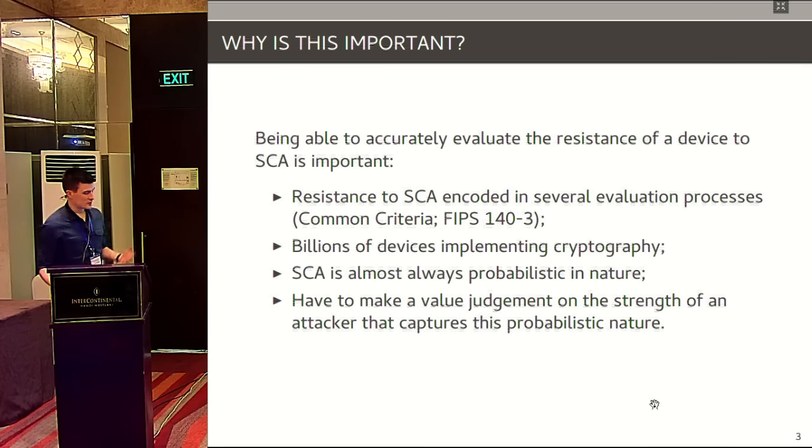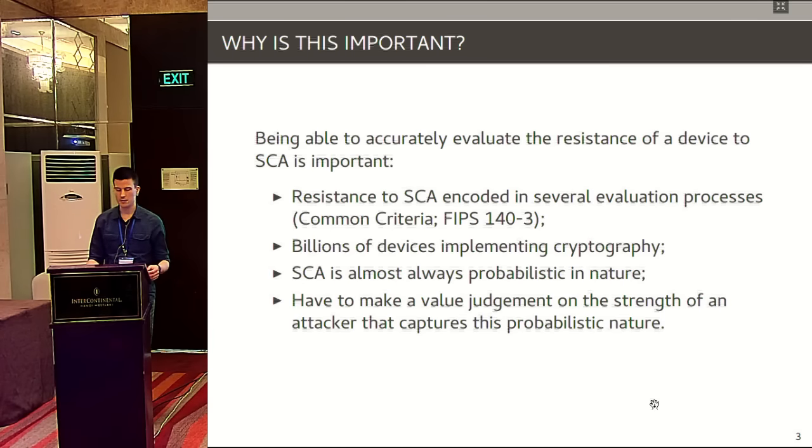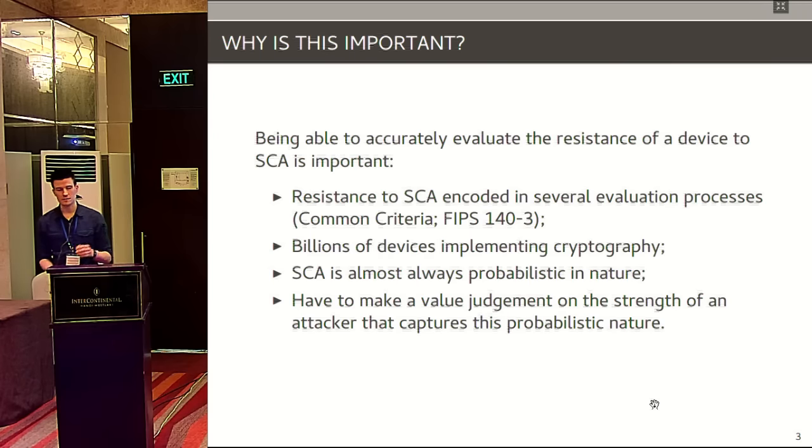There are billions of devices out there that have to, or should, follow these security guidelines. An accurate evaluation is particularly important because SCA is almost always probabilistic in nature. Sometimes the attacker gets lucky, and as evaluators, we need to be able to say with some confidence how lucky that attacker can be.